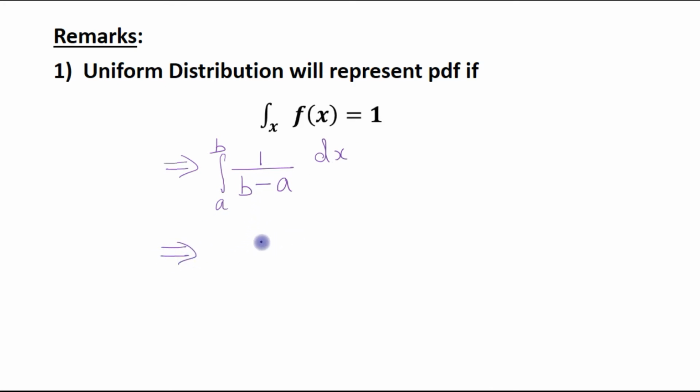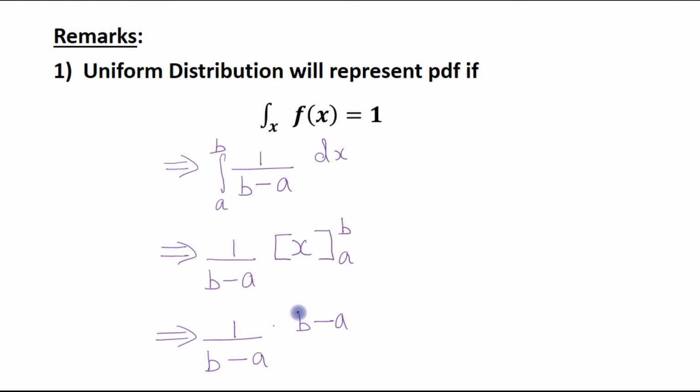1 upon b minus a is constant, so we can write it in this way. Integration of 1 will be x, from a to b, 1 upon b minus a into b minus a.